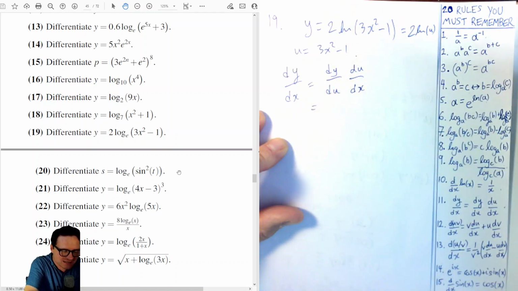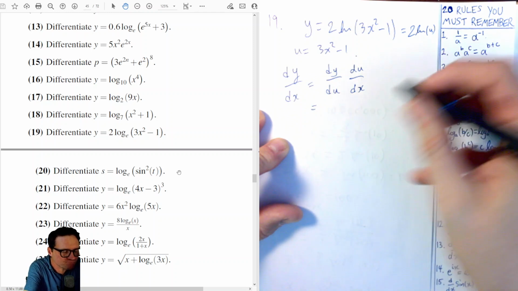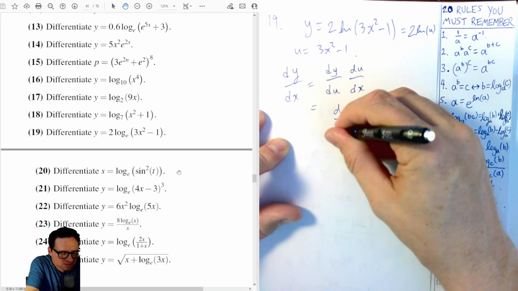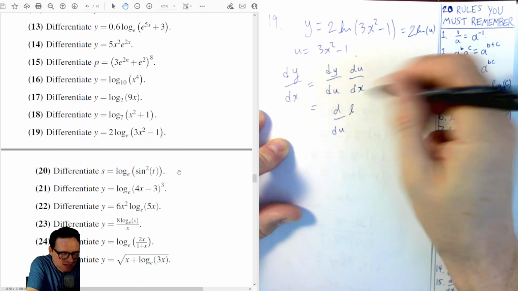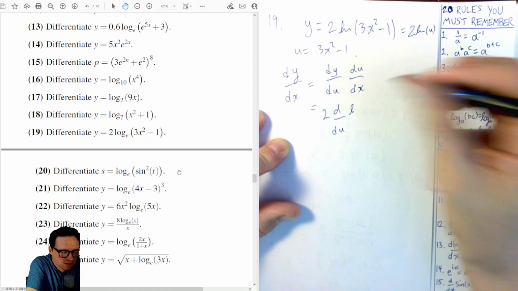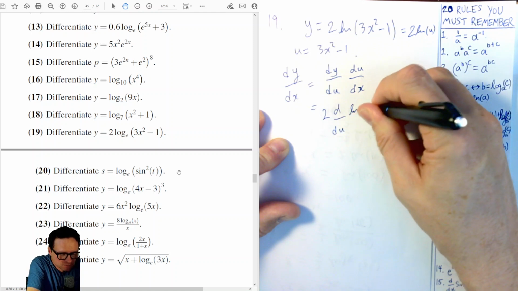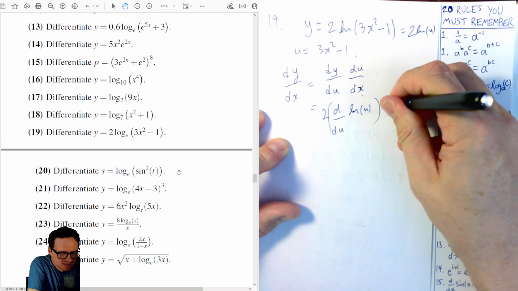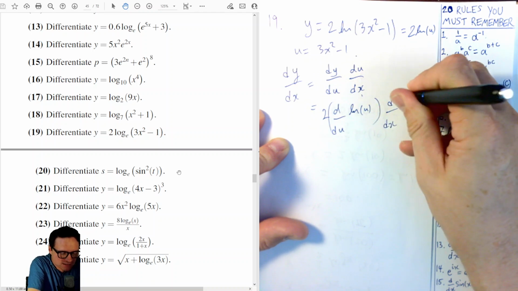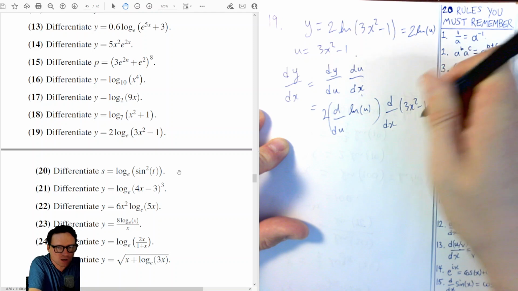and so that is d on du of 2 ln u, but the 2 can come through, and then this gets multiplied by du on dx, but that's the derivative with respect to x of 3x squared minus 1.